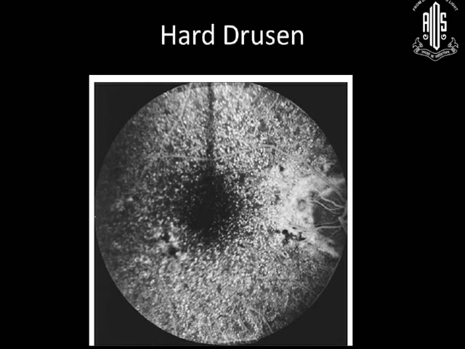ARMD will start as a hard drusen or a soft drusen. Two types of drusen are there, and it will go on to an intermediate type, pseudo drusen, and other conditions. But drusen will ultimately lead to degeneration in the retinal layer, and ultimately the nerve fiber layer is affected.